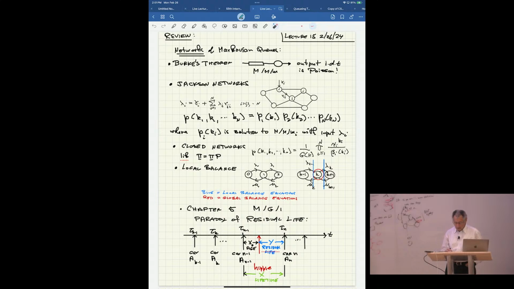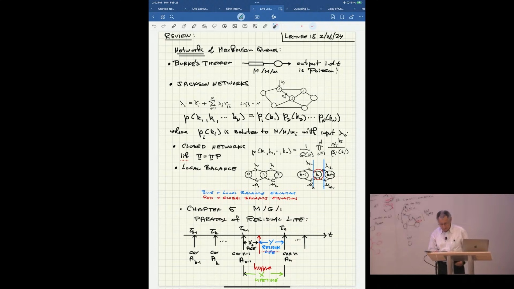We then moved on to a special case, closed networks, which meant that you never left. In this case, you have a certain number in the system, say capital K, and you bounce around. In that case, the joint distribution of the number across the n nodes is given by this equation here. Once again, it looks like a product form solution, just as we had up here.